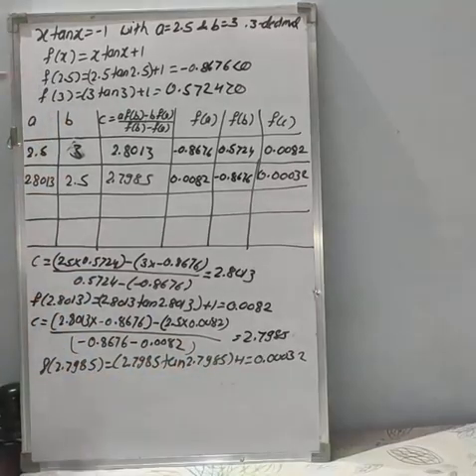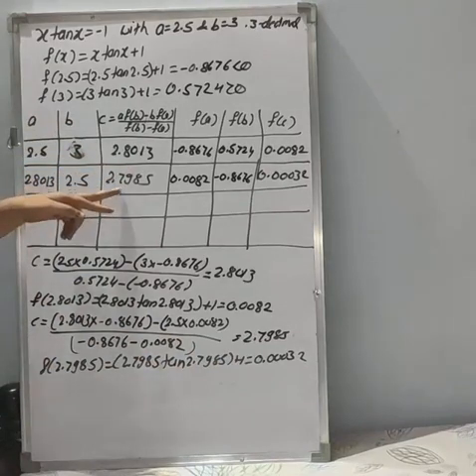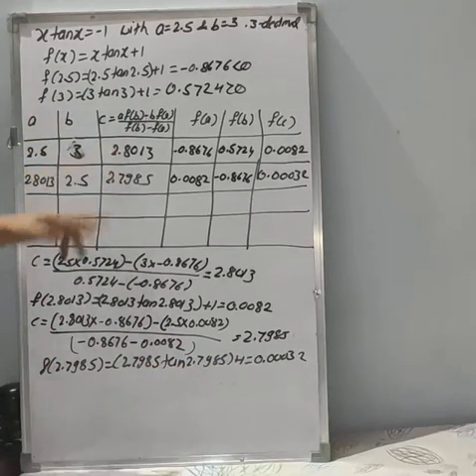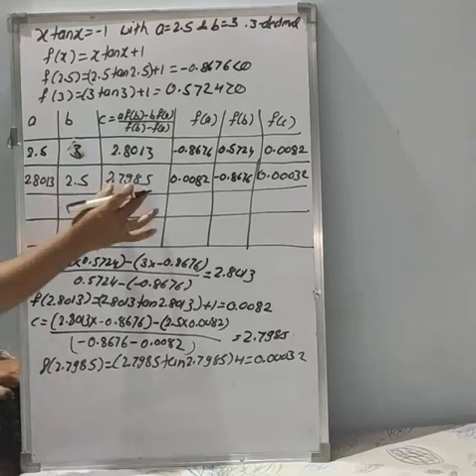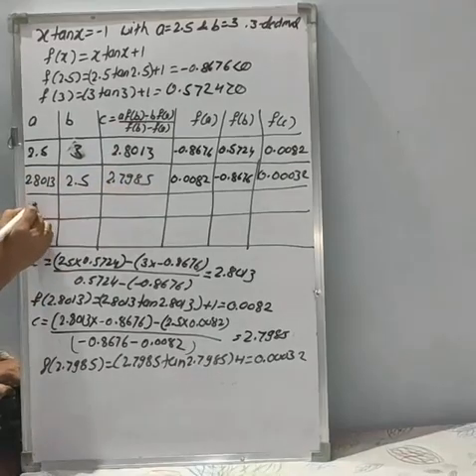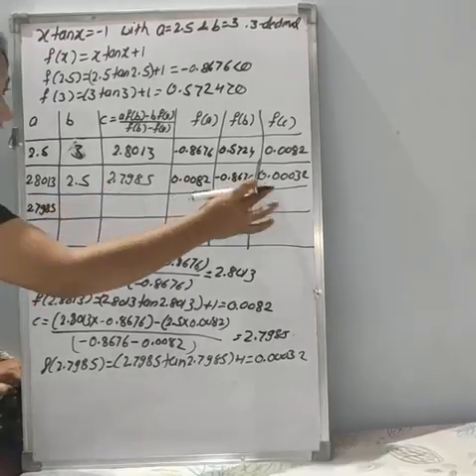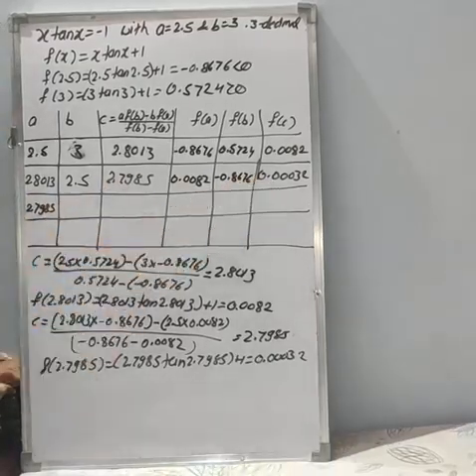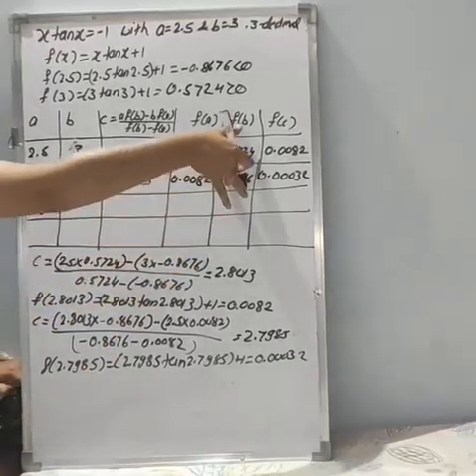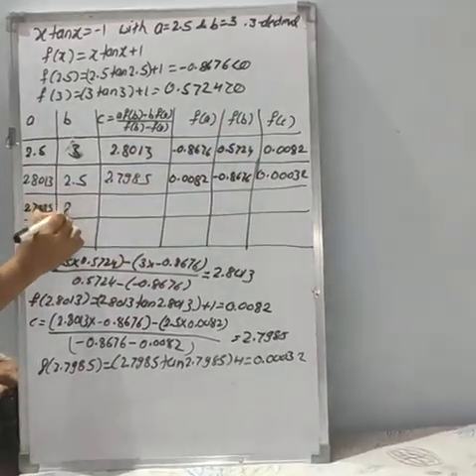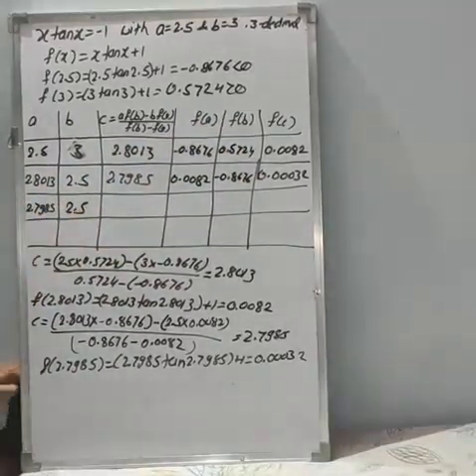Now they said up to 3 decimal. Here the first decimal itself is different, so again we will go for the next row. For the next, this is the value of a, 2.7985. Now for this we have a positive value, so we have to take the negative, and this is for b now, and here the value of b is 2.5, so this value remains as it is.